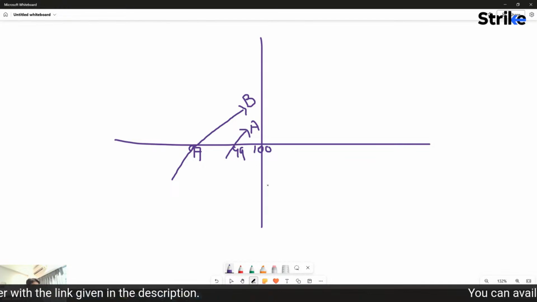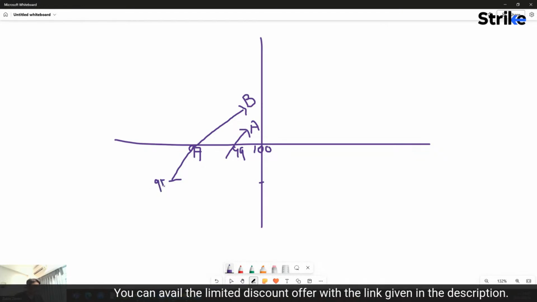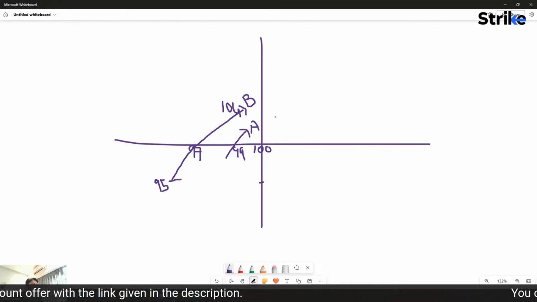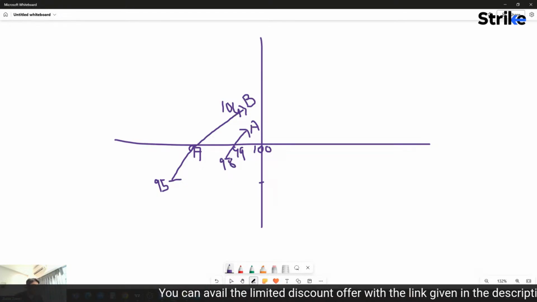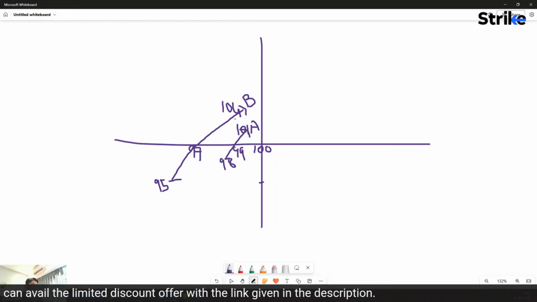All right. But my friend, B's momentum 5 days ago was at 95. And now it is maybe 104. Okay. But A's momentum 5 days back was 99 or 98, and now it's 101 or 102, whatever it is.